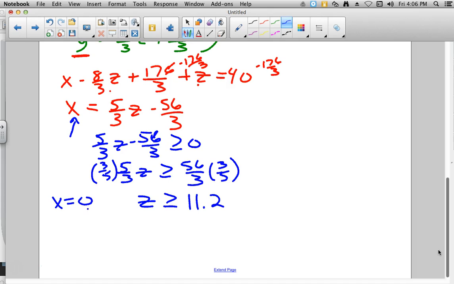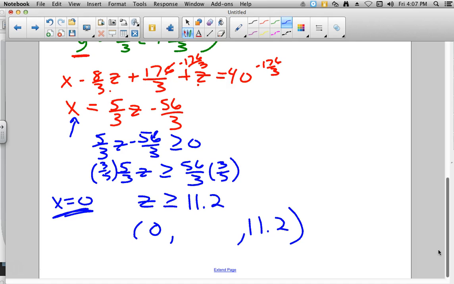So it turns out we can't use any of the x in order for this to work. And in order to use the smallest amount possible of z, we're going to have to use 11.2.